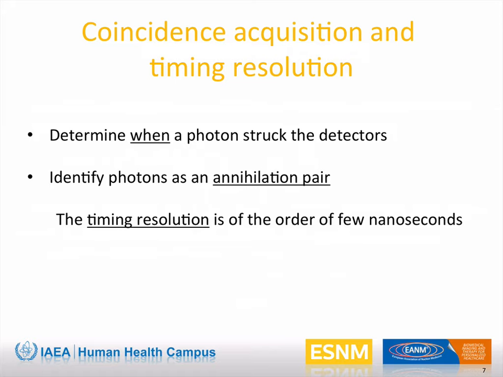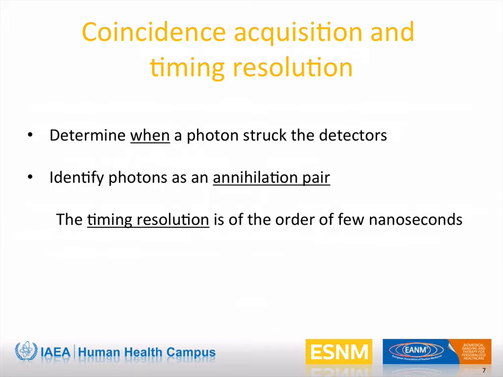In Part 1 of this webinar, we have seen how it is possible to detect and measure the position of the interaction of gamma rays. The problem is to recognize a pair of gamma rays as being generated by the same annihilation process. For this purpose, the information on the time of arrival of a gamma ray into the detector can be used.